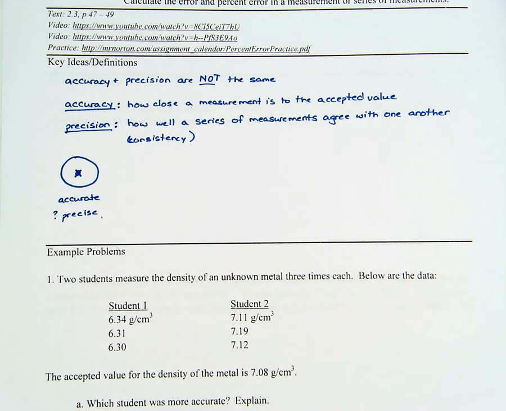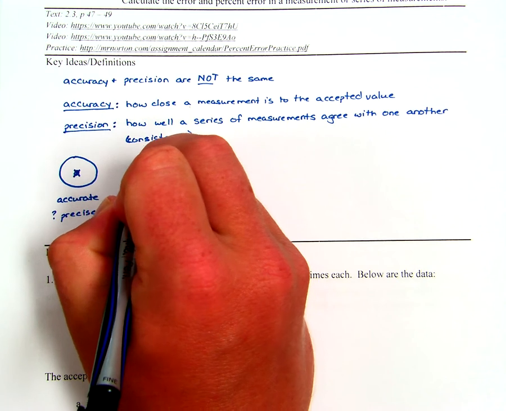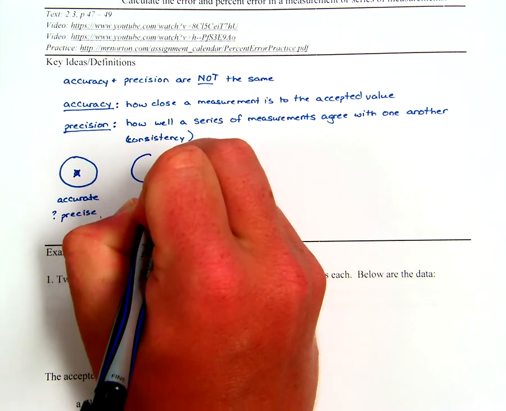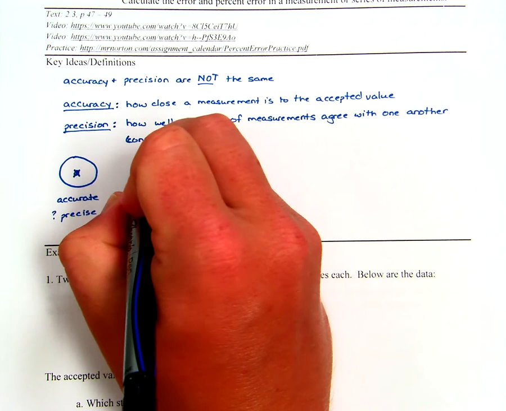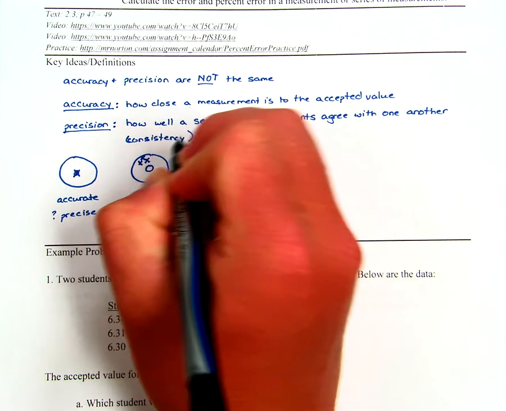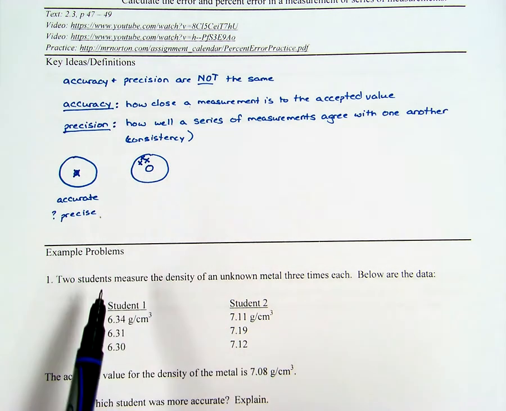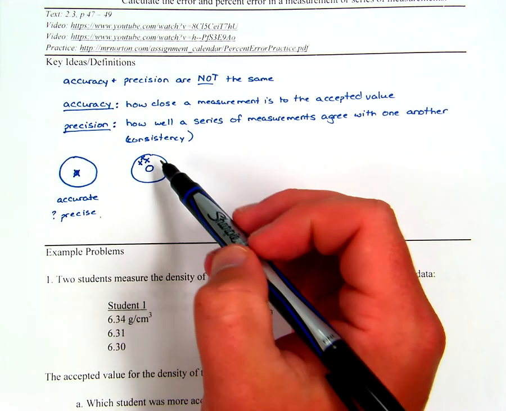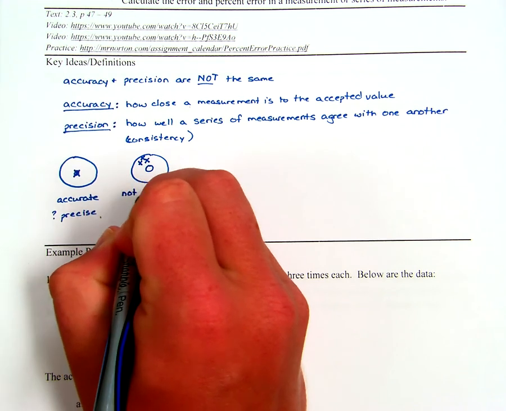All right. Let's say, in another example, another target here. Here's our bullseye. The archer shoots 3 arrows. They're all very close to each other, but they're not particularly close to the target. Because the archer did not get close to the bullseye, this is not accurate.